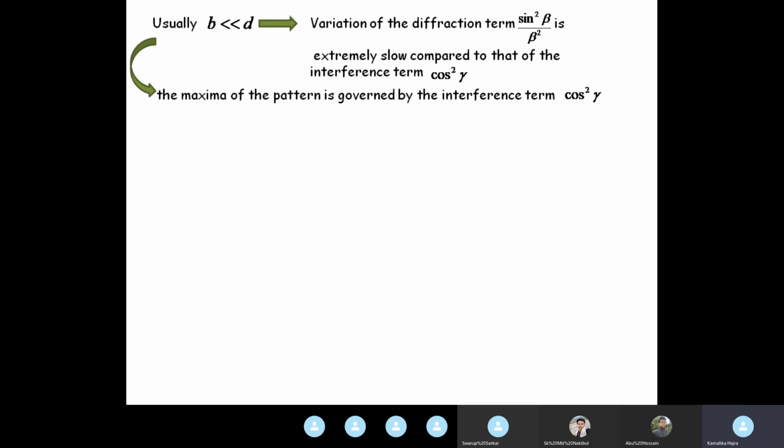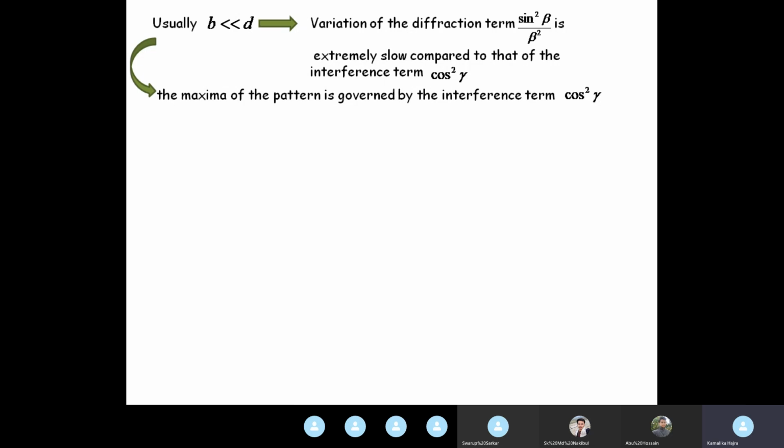So when there is a dark fringe, whether it is due to diffraction or interference, it will be seen, okay? But the maxima is a high value of intensity. And this high value of intensity cannot exceed 4I0, because that is the maximum intensity that the double slit diffraction pattern can have.